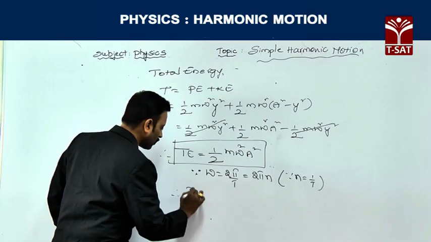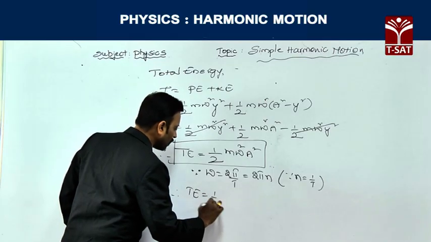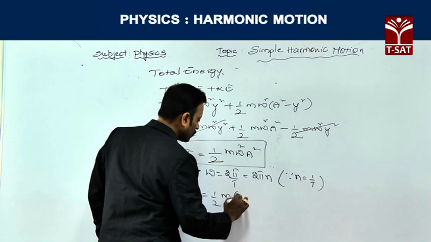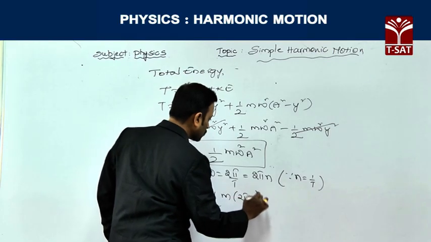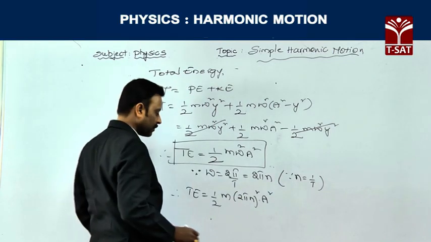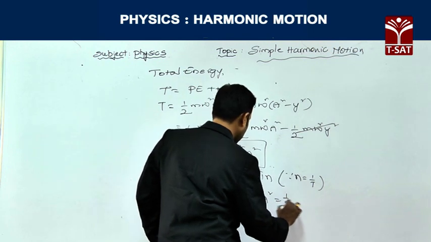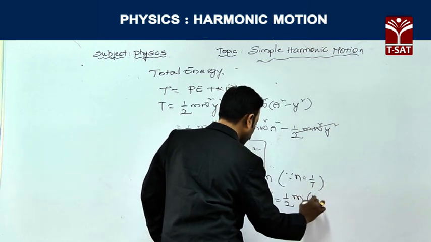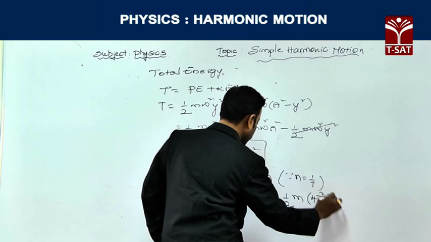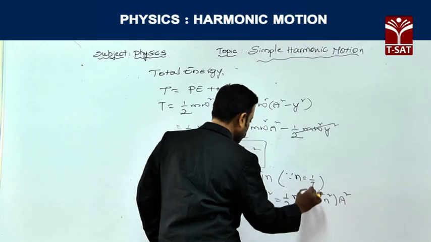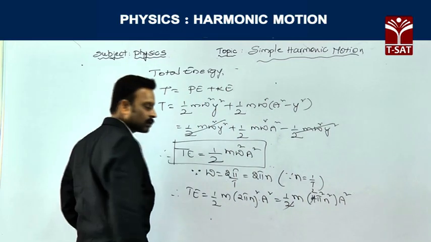Therefore, one more formula for total energy, half m into 2 pi n whole square into a square, that is half m 4 pi square n square into a square. 2 cancels here twice.